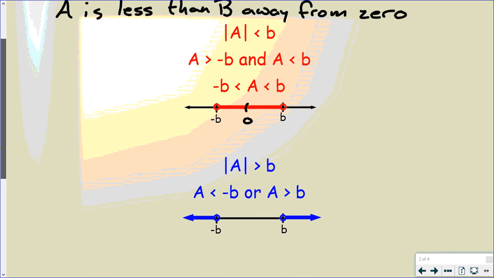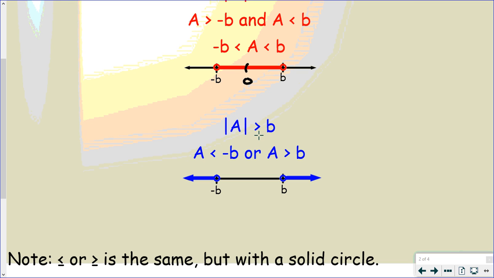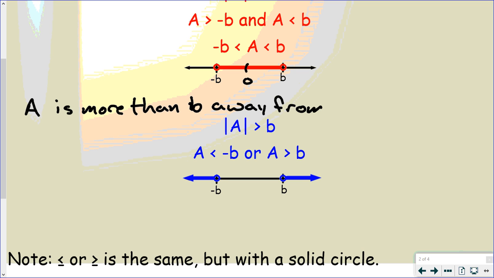The opposite of that is a greater than, and this is going to be an or. Again, if you think about what this is saying, it's saying A is more than B away from 0 on the number line.